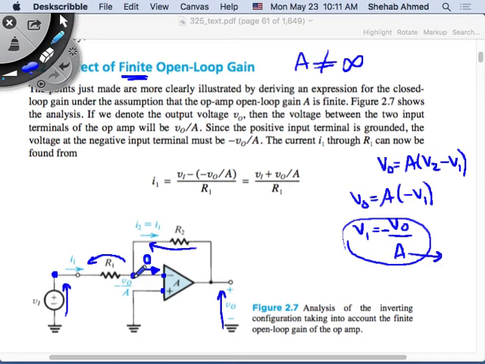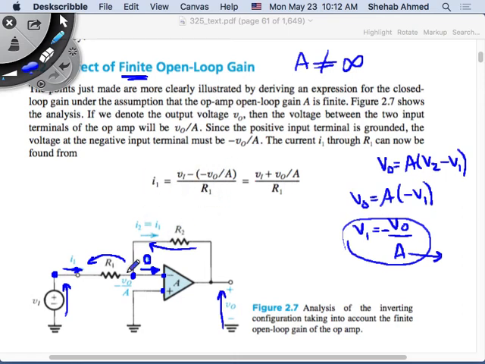I said that the voltage at this node is minus V output over A from this analysis, right? If this is minus V output over A and this is VI, I can calculate the current coming in as the voltage on one side minus the voltage on the other side, which is minus V0 over A, over R1.